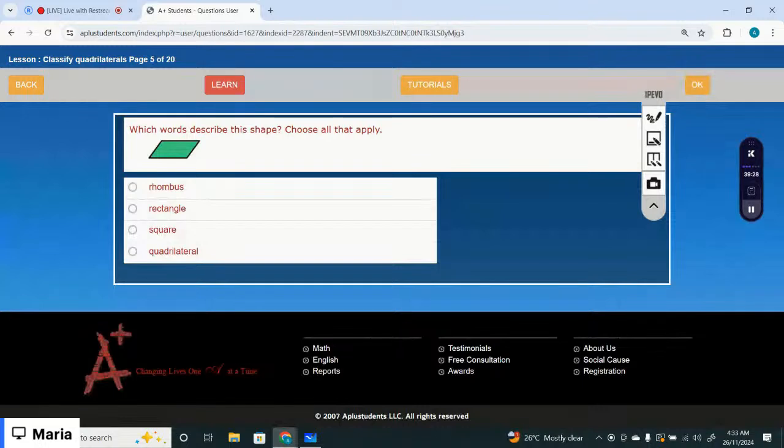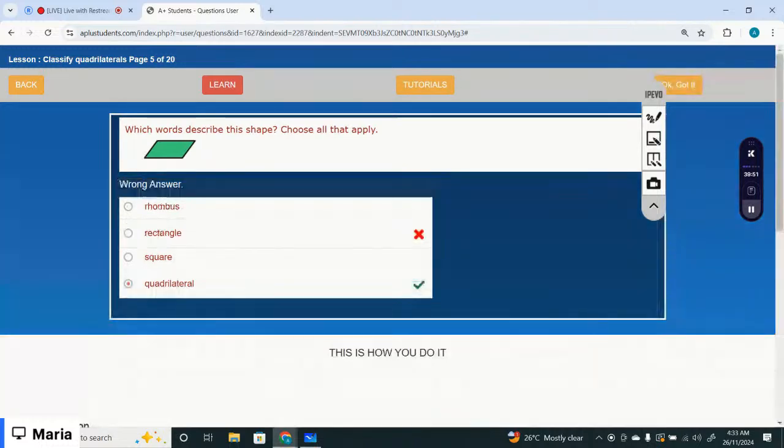Which words describe the shape? Rhombus, rectangle, square, quadrilateral. Which is the correct option? Rectangle, it is. Option number two is the correct option.